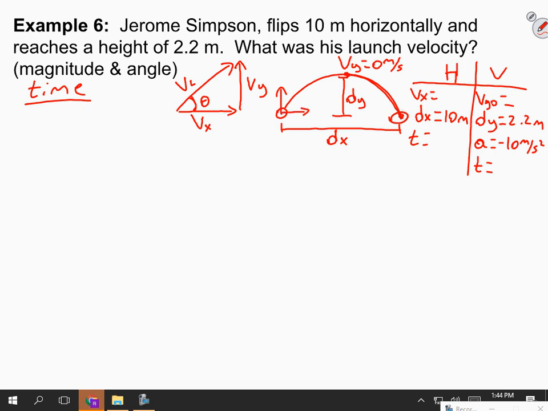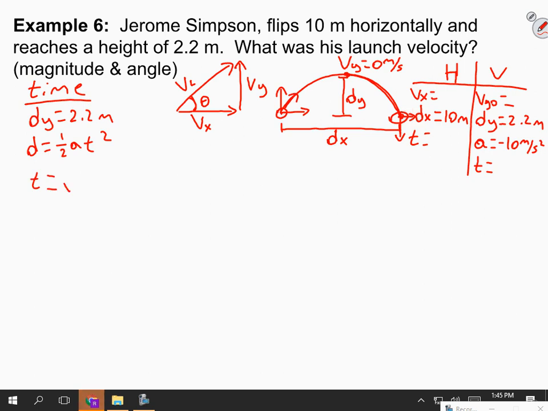So he has some vertical velocity, some horizontal velocity, and that will be the same at the end on both sides. Alright, so for the time, let's go ahead and use the height. Anytime you have the height, use that for time. And so we know that dy is equal to 2.2 meters, so we can just use the same equation we've been using to solve for time.